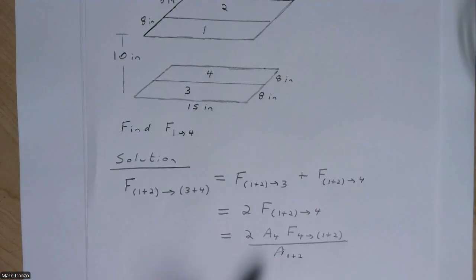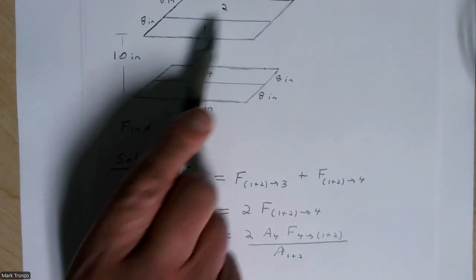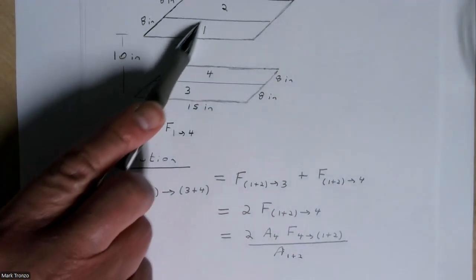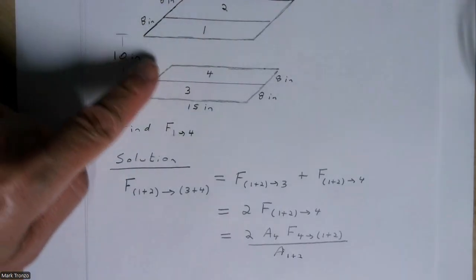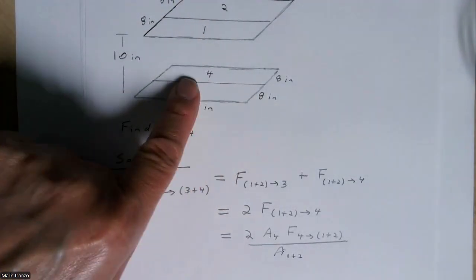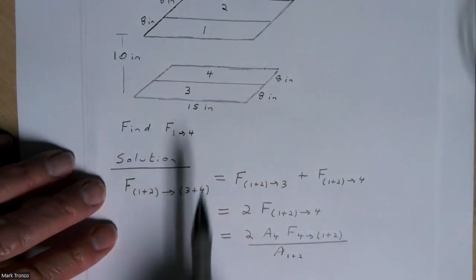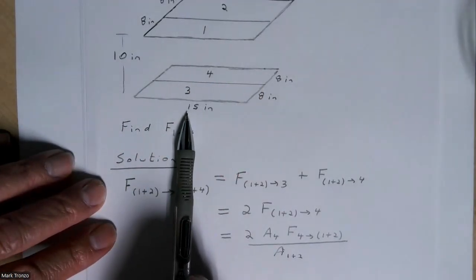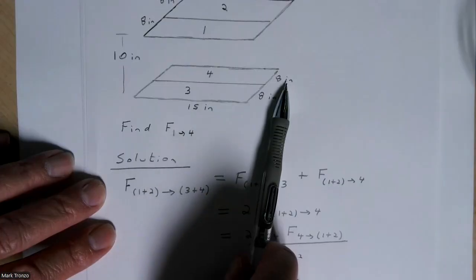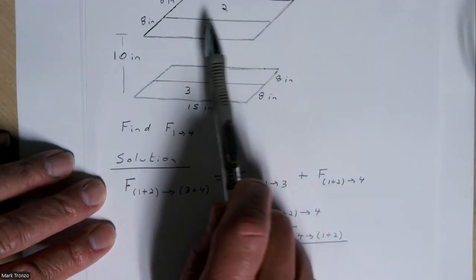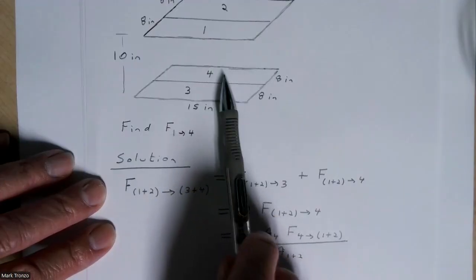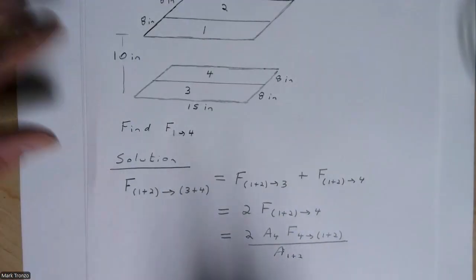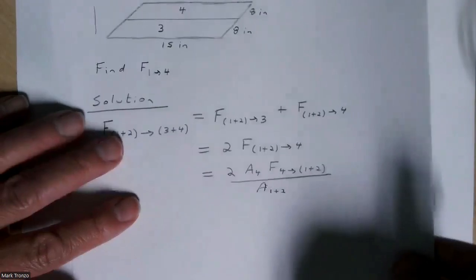And now notice, though, that A1 plus 2 up here, these two surfaces together are just double the area of 4. In other words, the area of 4 is going to be 15 times 8. The area of 1 and 2 is going to be 15 times 8 plus 8. So this area is double the area of 4. So we could, furthermore, get a 4 in here.